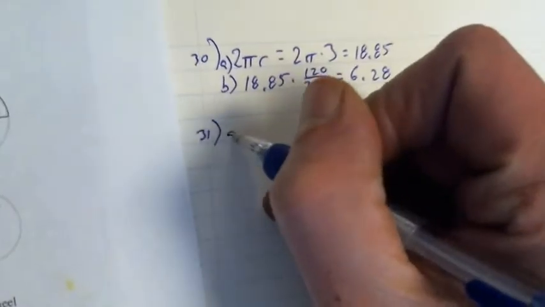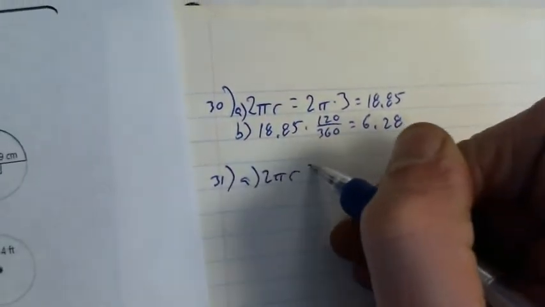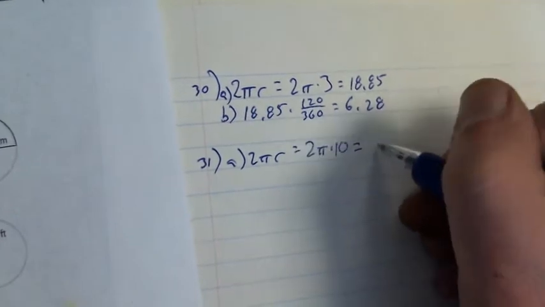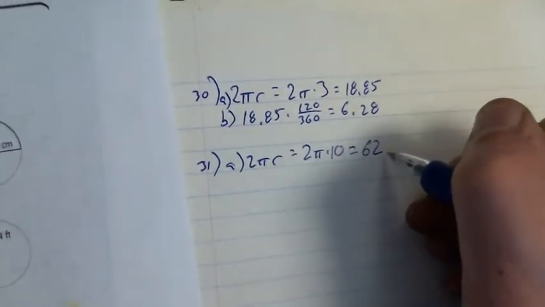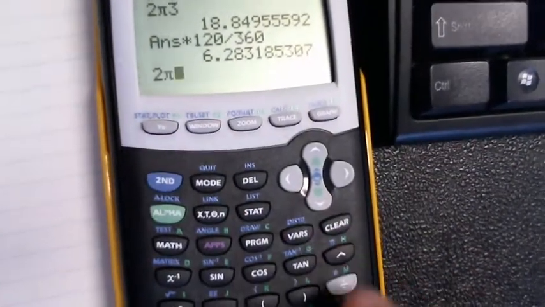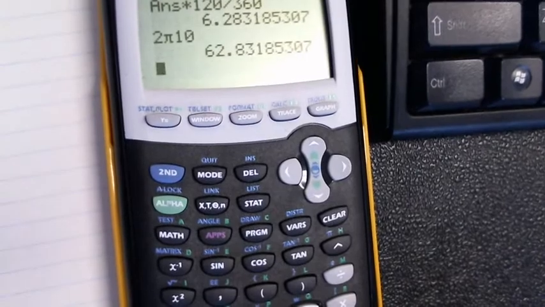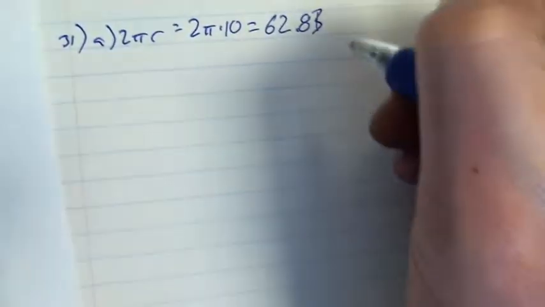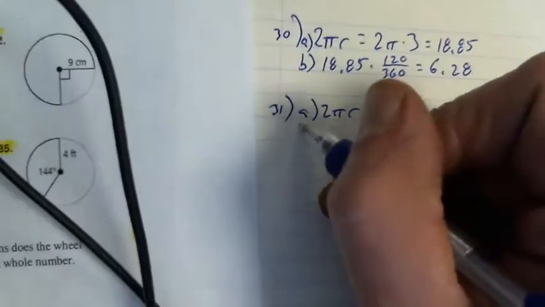So 2 pi r is 2 pi times 10, which is 62.81. So 61.83, excuse me. All right.